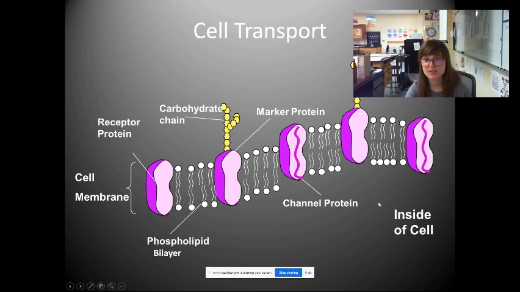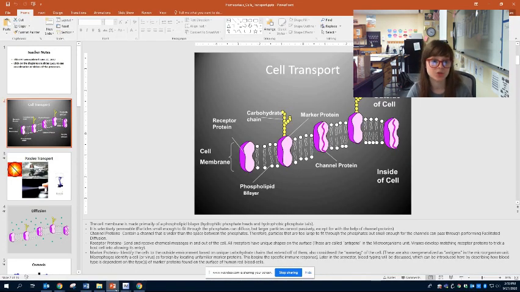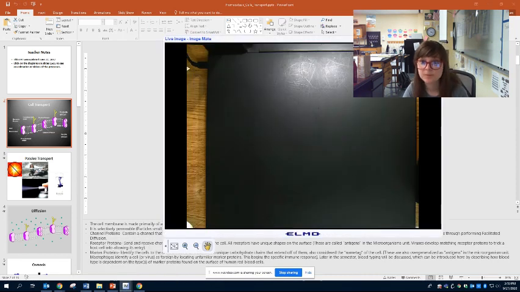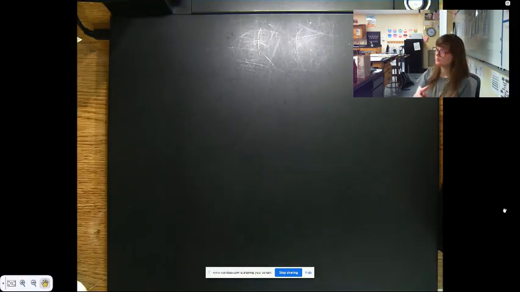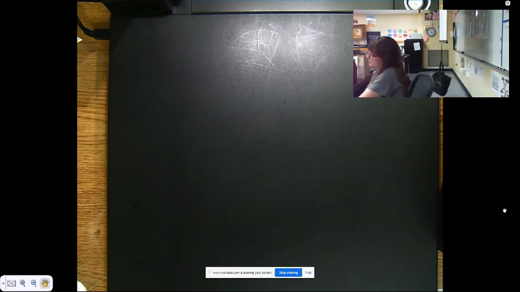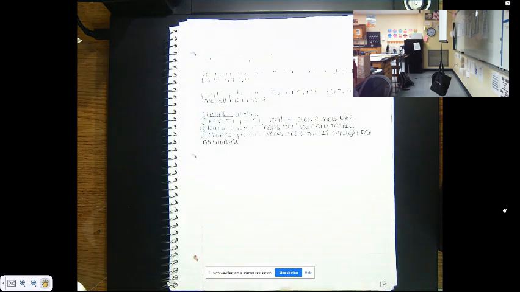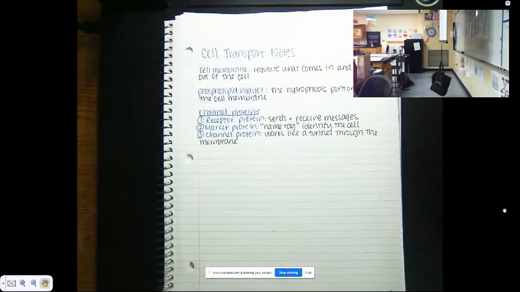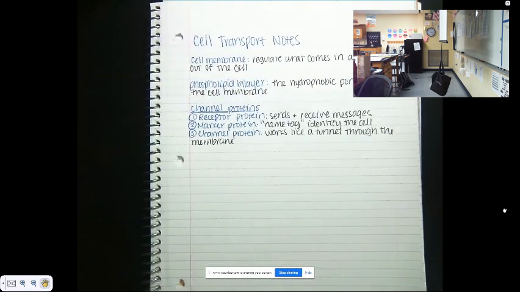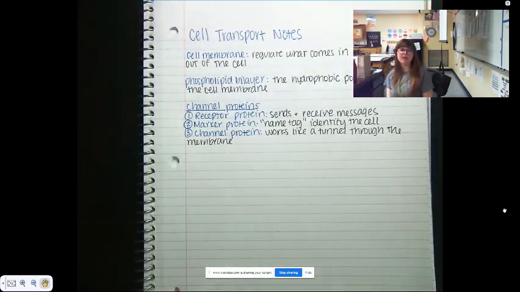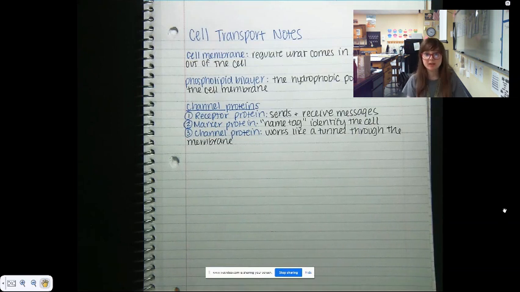So let's pause for just a second and take a look at what your notes should look like. Okay, so I have my Elmo here. I'm going to zoom in. If I'm taking notes on this, I have here the function of the cell membrane, which is to regulate what comes in and goes out. And then I have the name, the phospholipid bilayer, and that's the portion that holds the membrane together and also allows things through.